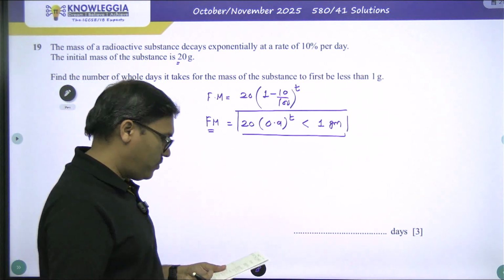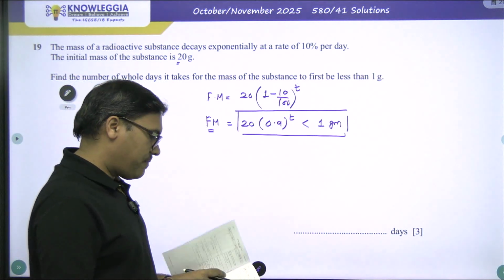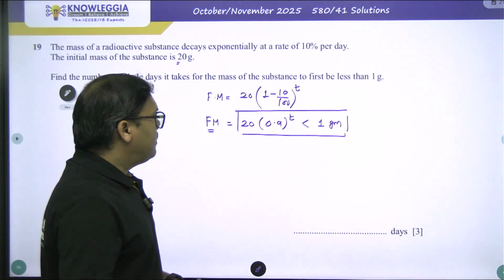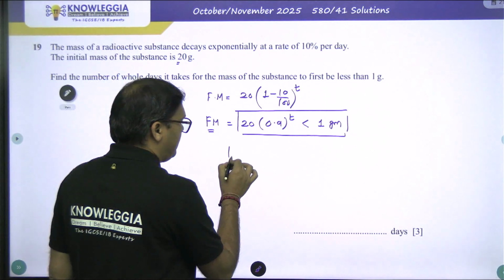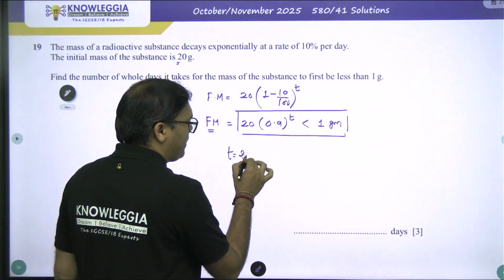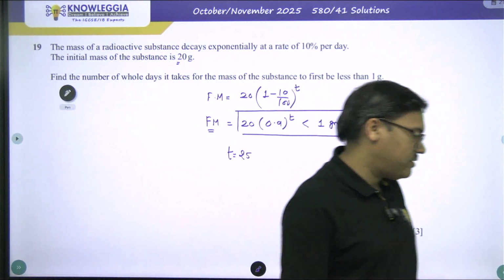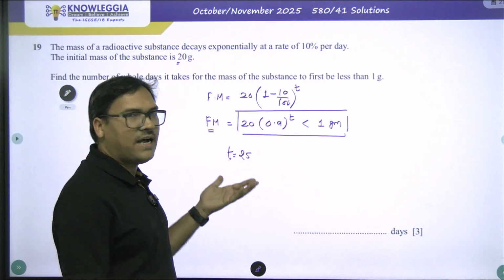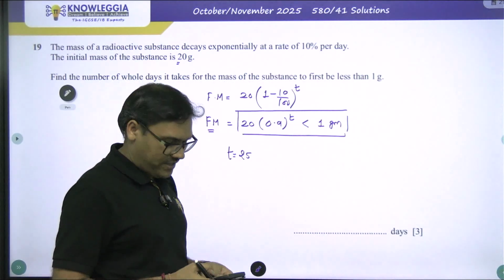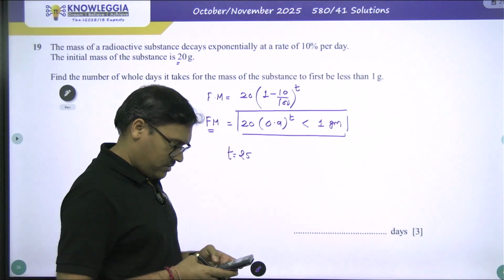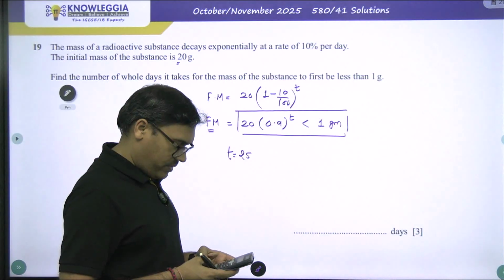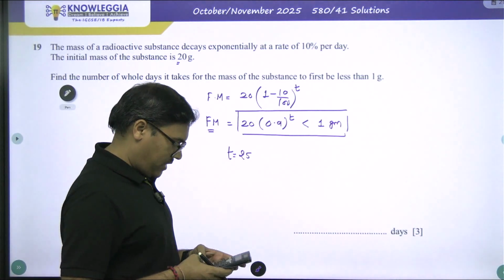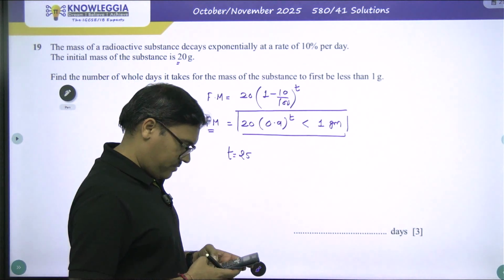If you just do trial and error, you will see. I'll show you the calculation so that you will be able to understand. You start with some large value. Let's say I start with 25. This is 20 multiplied with 0.9 power 25.